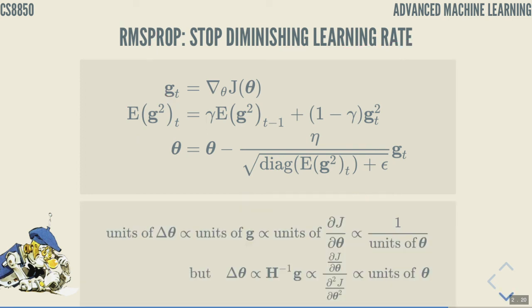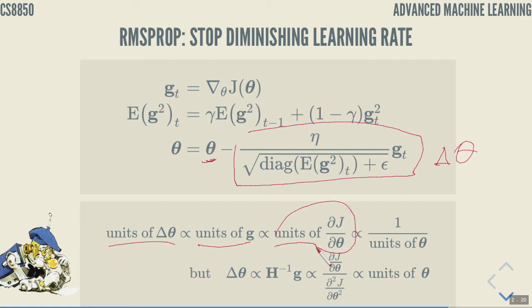So the author of the Adadelta paper observed that the units don't match. Now, if theta has some units, then the update delta theta has some units as well, but those are not units of theta, because units of delta theta are units of g, but units of g are nothing but units of the partial of J with respect to theta, which are 1 over units of theta.